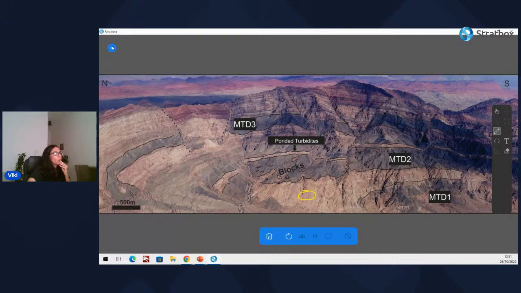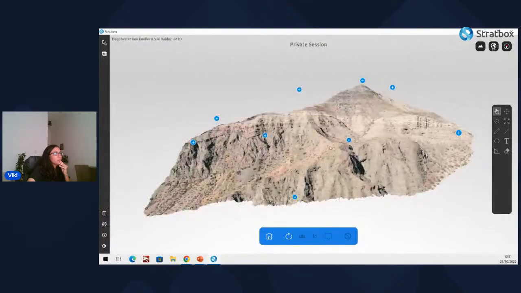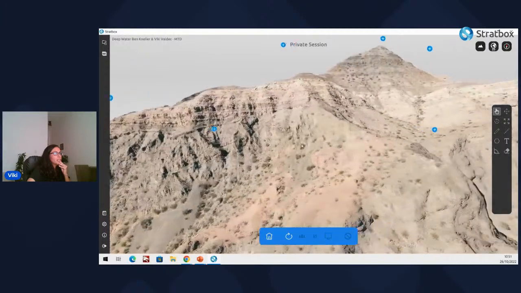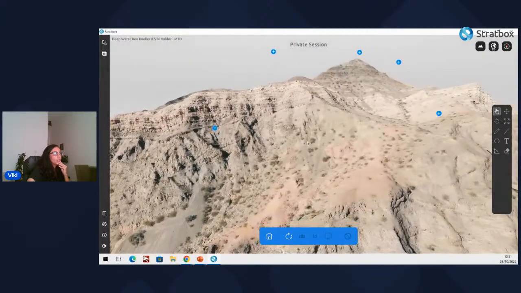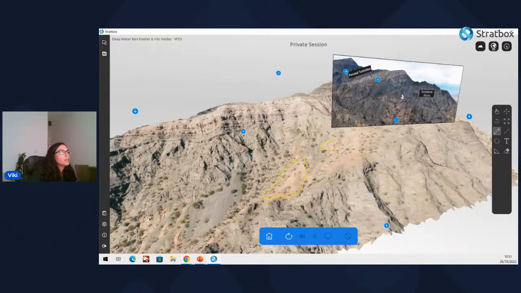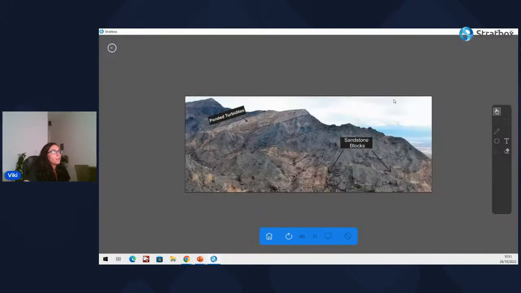So let's go back to our model. Let's zoom in. Let's take a look. And we can see some of these blocks around here. And if we click this card, we can see this large mass transport deposit from base to top.